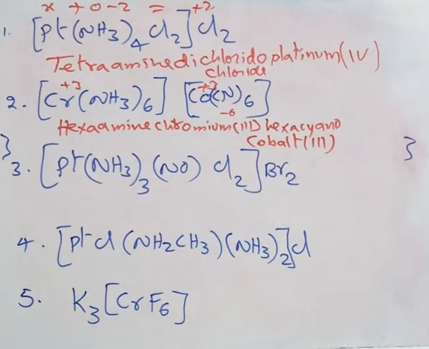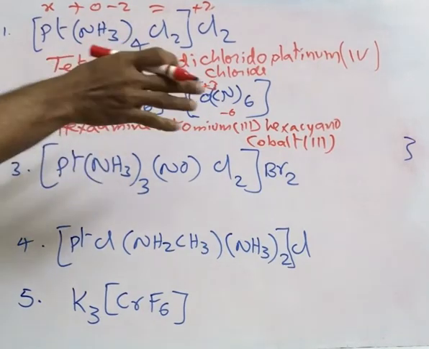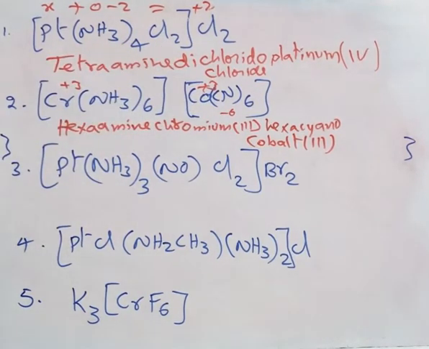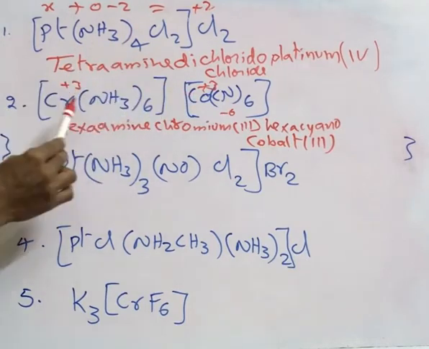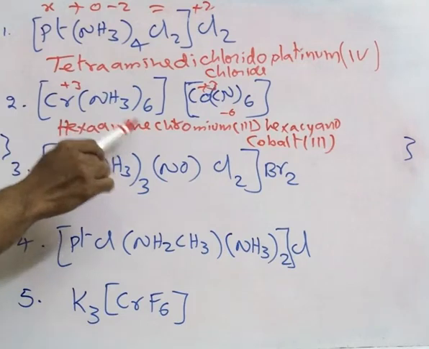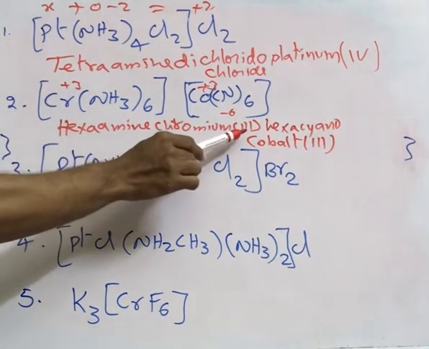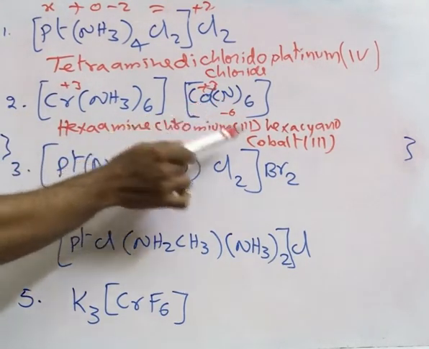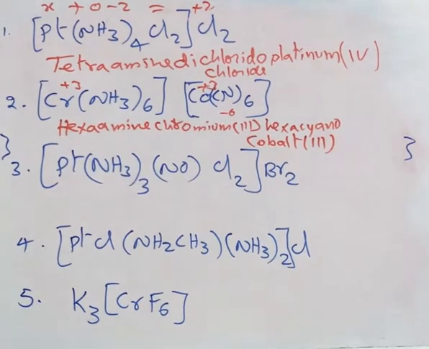So the naming is so simple here. If I have two coordination spheres, together you can make it. One is chromium, another is cobalt. There are 6 ligands in each. So I have written hexaamine, chromium 3, then hexacyano, cobalt 3. That's it. Then you go for the next one.